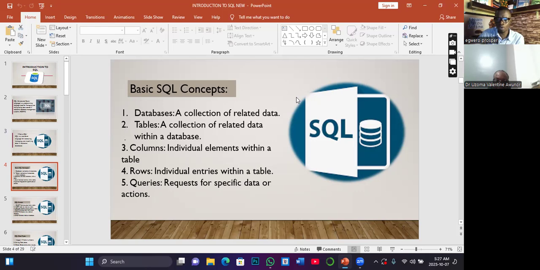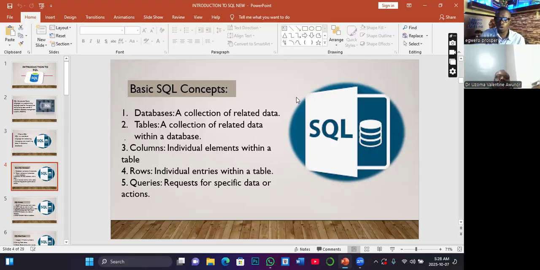So let's start by knowing them. The first one is database. You can see that all this while I've been using the word database. If I do not explain what some of these key terms mean, each time I use them it might be kind of difficult for you to understand.